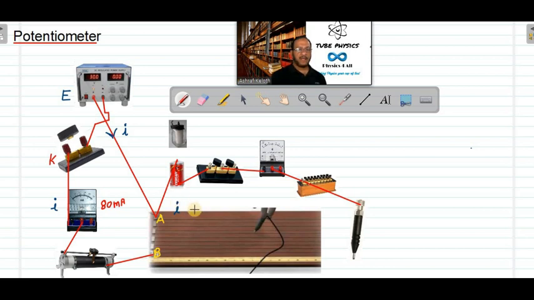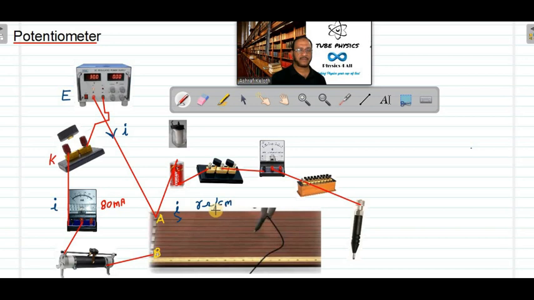If small r is the resistance per unit length of this wire, suppose r ohm per centimeter, each 1 centimeter has a resistance of r ohm.